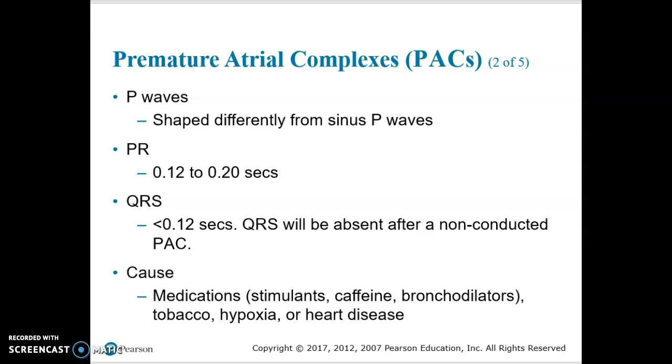If one T wave is different, there's probably a P wave hiding in it. If you're looking at a strip and all your T waves look uniform, and then all of a sudden you have one T wave that looks a little bit different, that P wave could be hiding in that T wave. If the P wave is inverted, the PR interval should be normal, between 0.12 and 0.20.